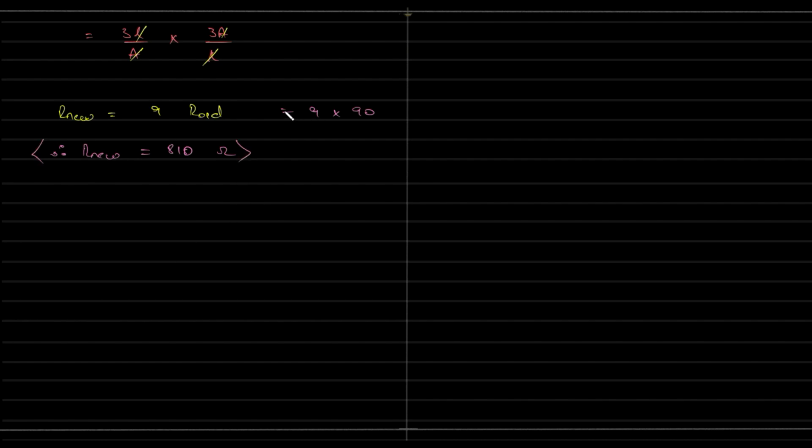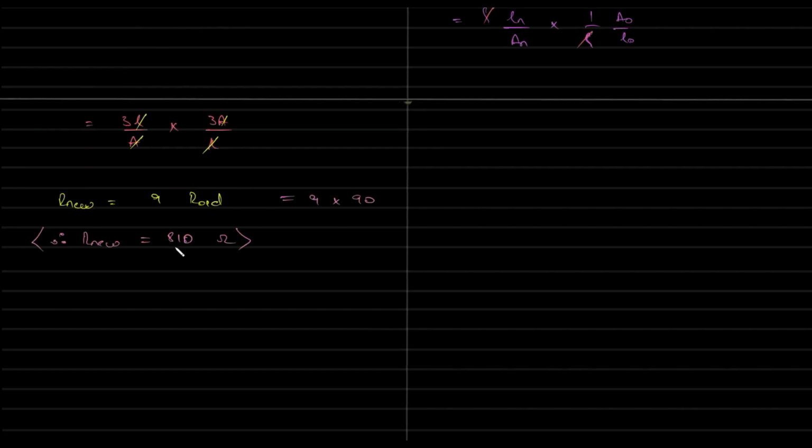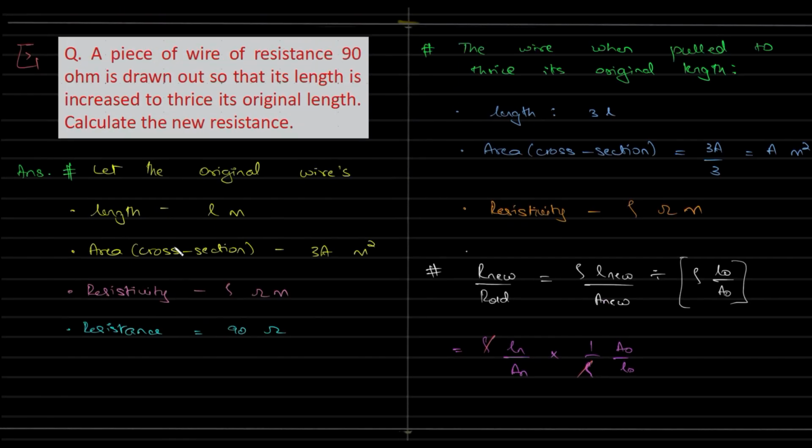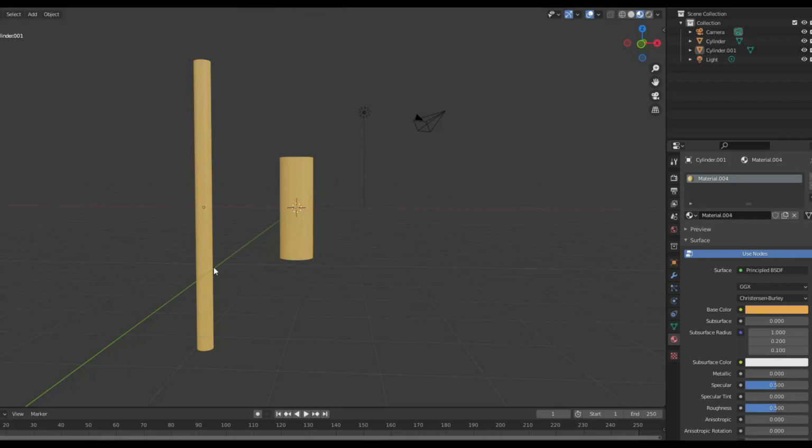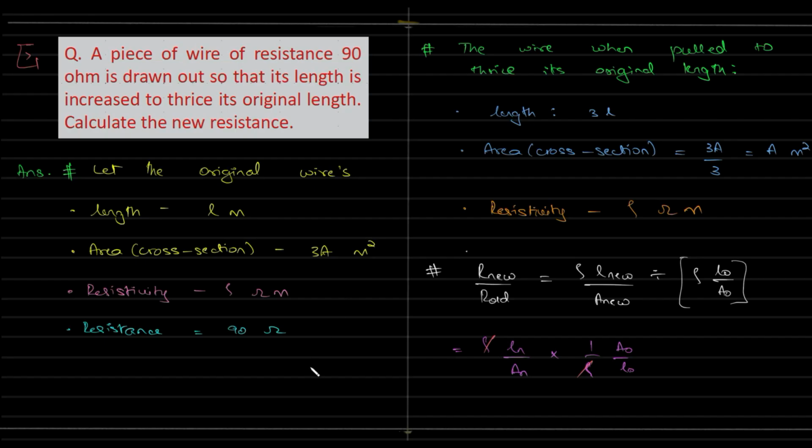So it is 9 times that of the old resistance, and that happens to be 810 ohm. That's it. I already told you guys what happens, and you need to understand the concept. Understanding the concept is this way itself, and practically you can take a rubber band and do it. It's not that hard. You'll get from a thicker rubber band to a thinner rubber band, but longer. Right? So pause and have a look at the answer.